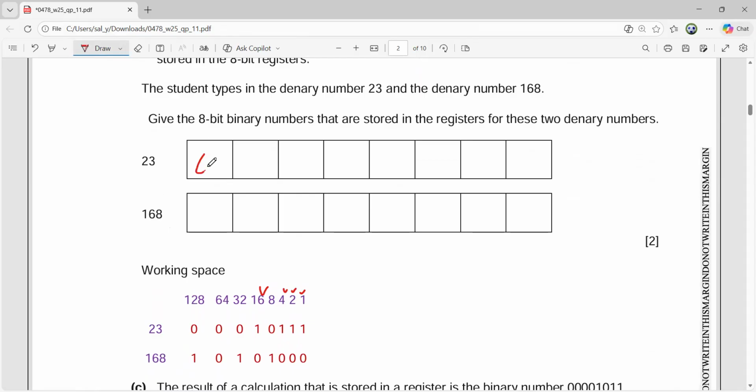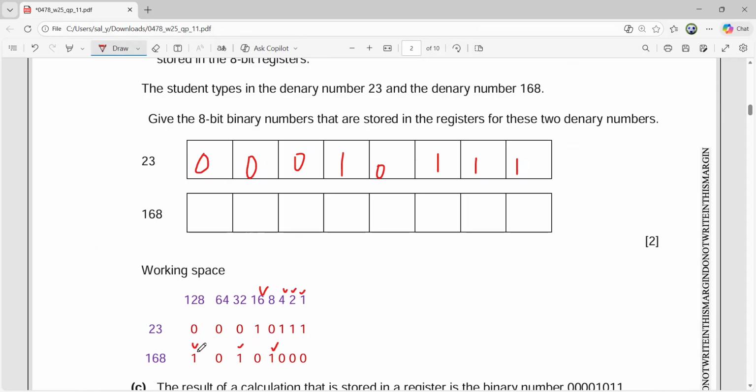The final answer for 23 will be 0, 0, 0, and then 1, then 0, then 1, 1, and 1. So this is your final answer. You need to use the working space, and then what you obtain is going to be written here. For 168, you need to turn on 128, plus 8 and 32.